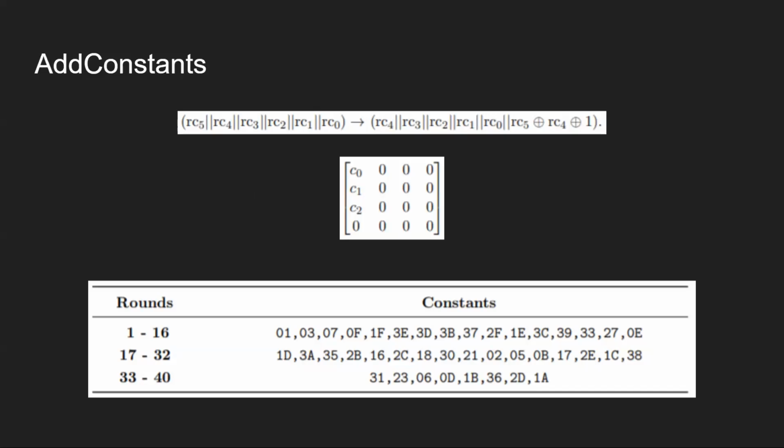So AddConstants is one of the more complicated functions. It uses a 6-bit affine linear feedback shift register whose state is denoted by RC5 to RC0, with RC0 being the least significant bit, and it generates the round constants. Its update function is defined as this.